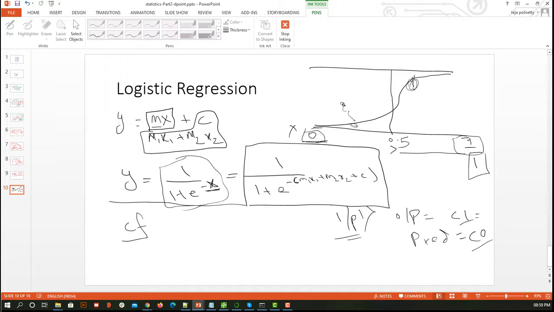Here the output is 1, but the predicted value is 0. So I am going to penalize, or I can say my cost function value will be infinite, saying your decision was wrong. And if my decision is correct, the cost function value will be 0, so I am not going to face any kind of penalty.